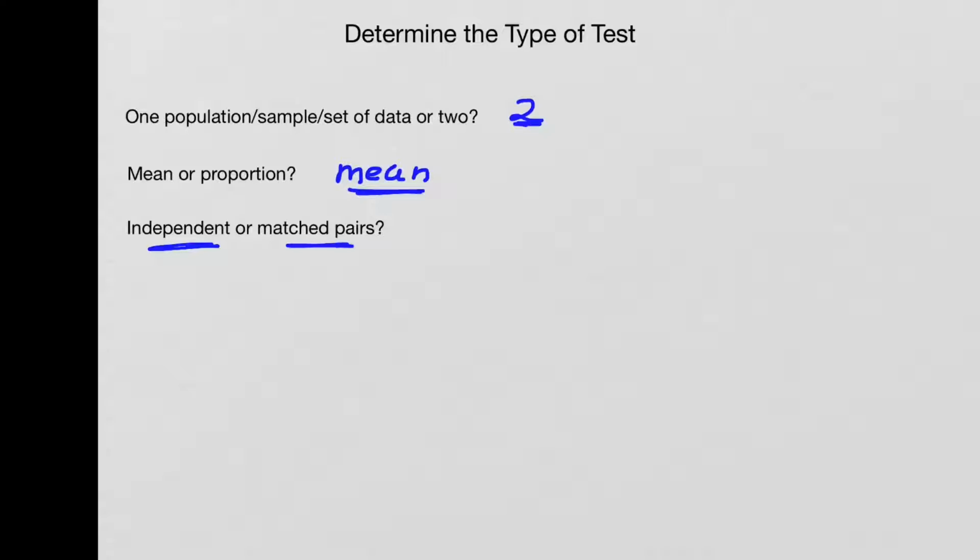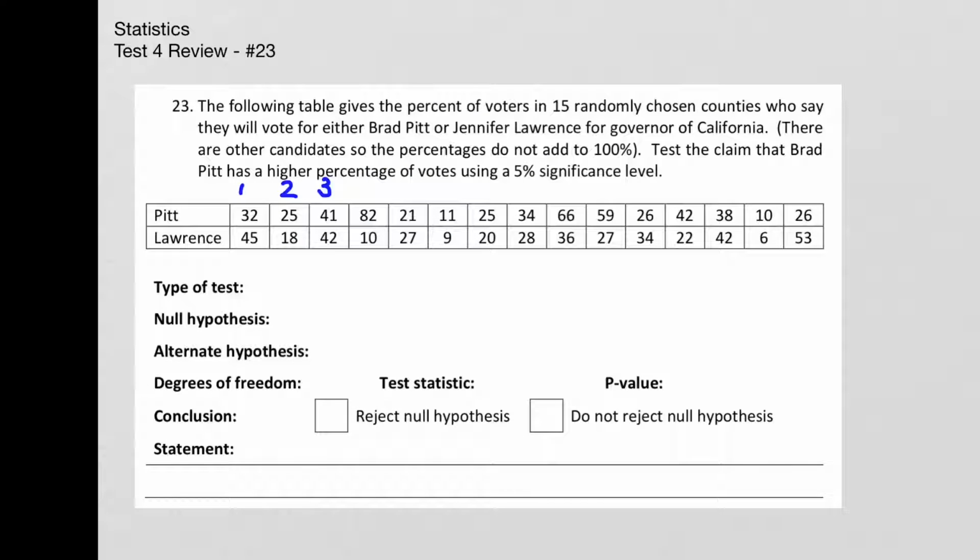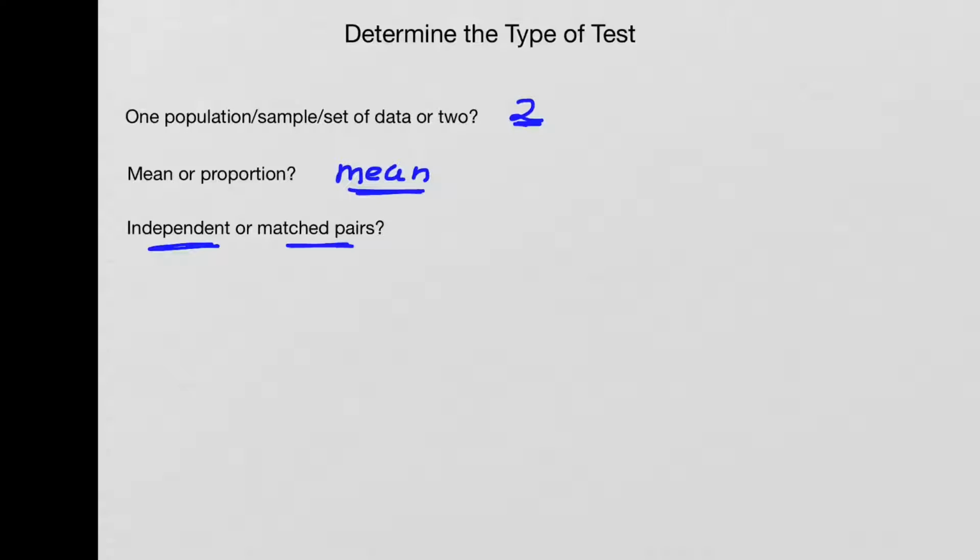Let's take another look. We have our data paired up, right? So we can say that this is a matched pair situation. And what that tells me is that we are going to do a t-test with matched pairs.